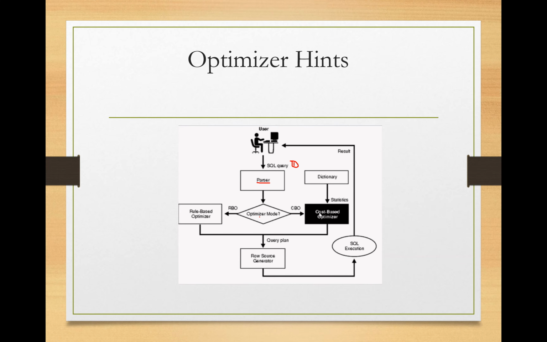Then the optimizer will check whether this query has a previous execution plan or not. It will go for cost-based optimization, which means it will check in the dictionary. If you are running any query, how to execute that?